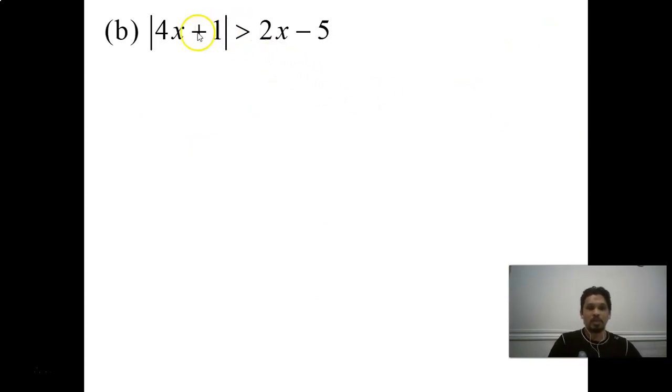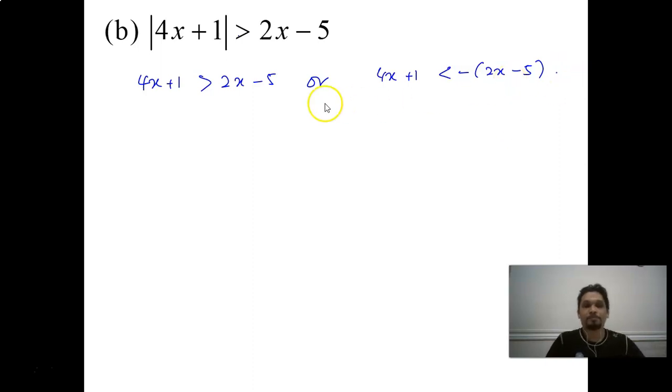Okay, now modulus of 4x plus 1 greater than 2x minus 5. So then first is 4x plus 1 greater than 2x minus 5, or 4x plus 1 less than negative of 2x minus 5. 2x brought to the side becomes negative, so 4x minus 2x, 2x. 1 brought to the side becomes negative, so negative 5 minus 1, negative 6. x greater than negative 6 divided by 2, which is negative 3.